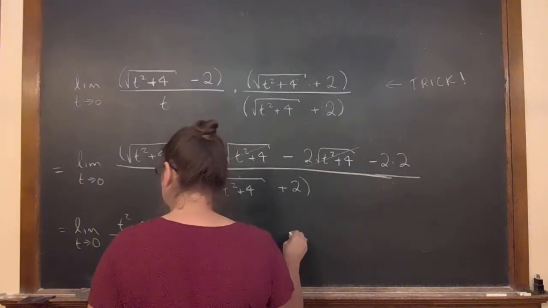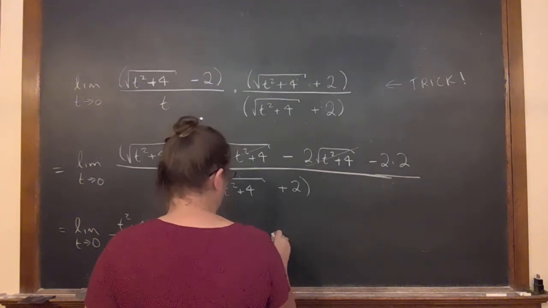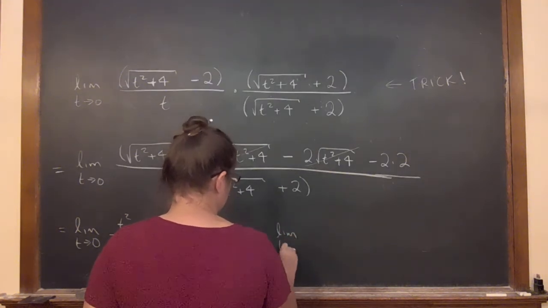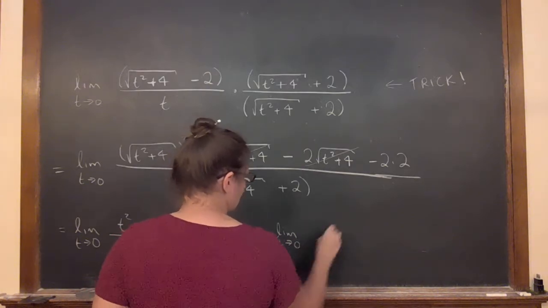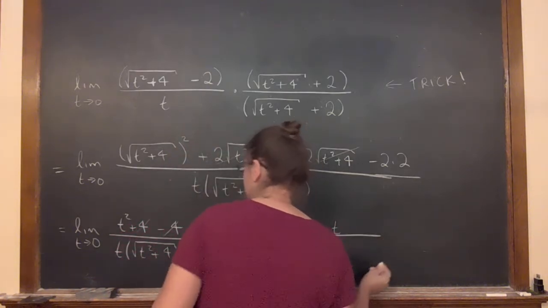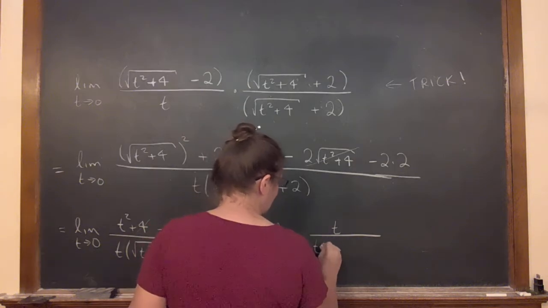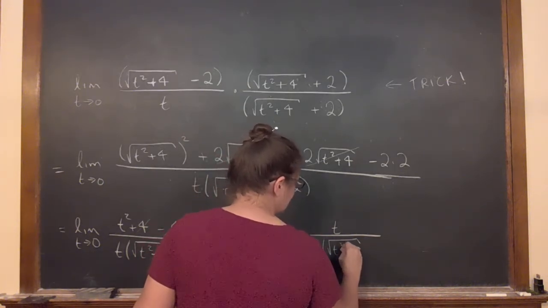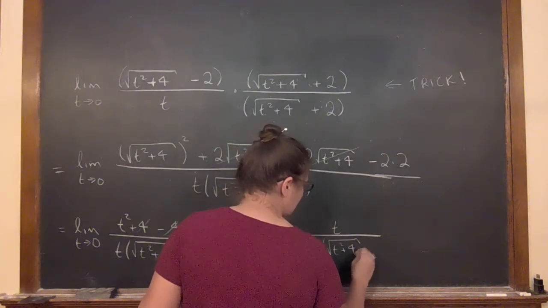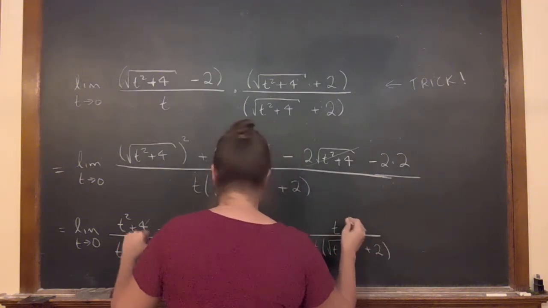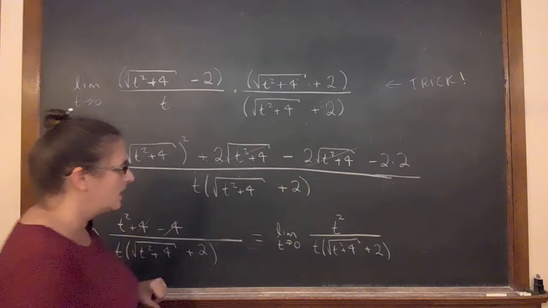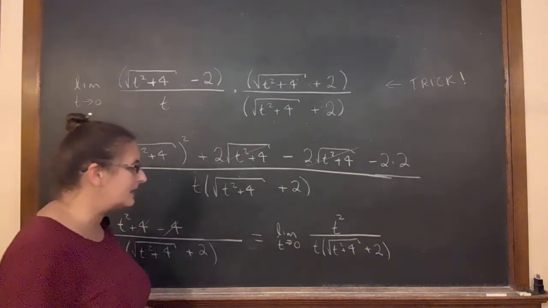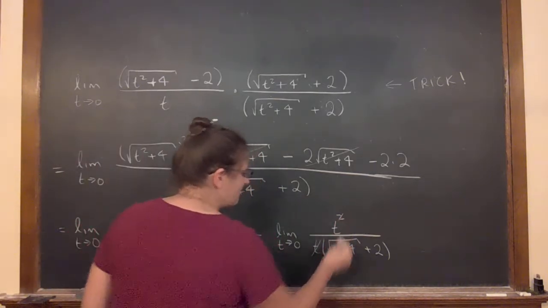I think it was just supposed to be t. If this was a difference quotient, but that's fine. It's still a limit. We can do a limit. Plenty of limits in my life to do. This is t squared here. Okay, so now I can cancel out this guy, that guy.